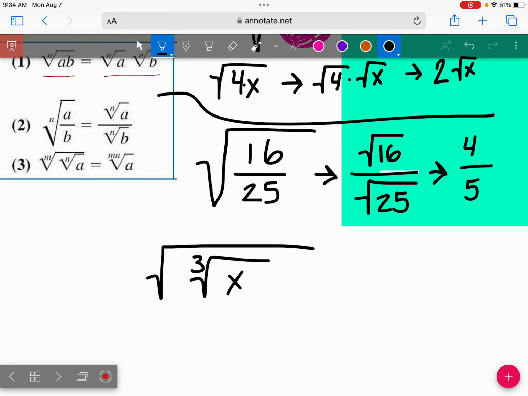Genuinely, I had not seen it until I opened this book. Like, they're that rarely done. Okay? But what we do is we take our index. When there's not one written here, what's the index here? 2. That's kind of the default state. So we wind up with a new index of 2 times 3. So our new index is 6.